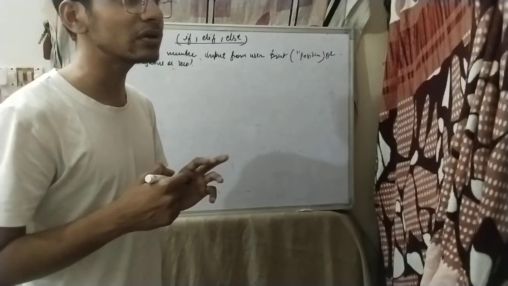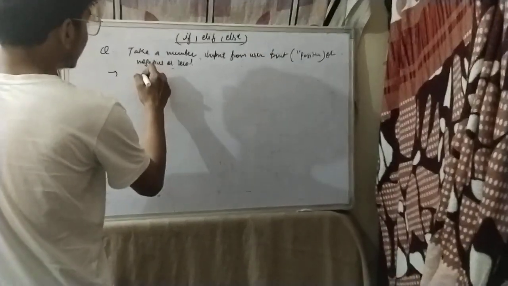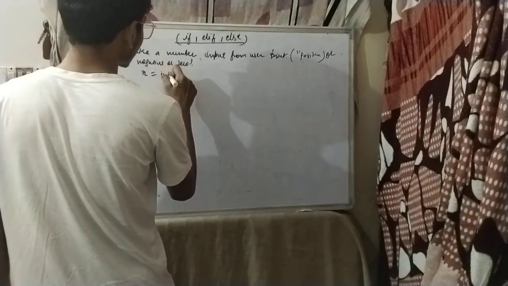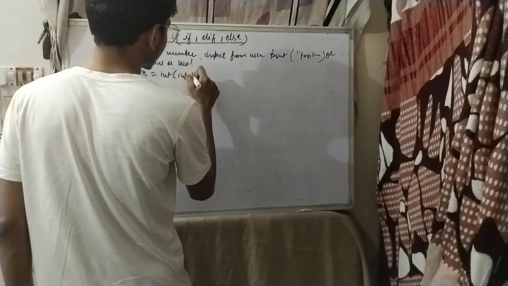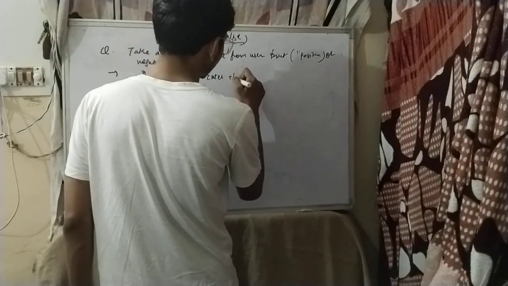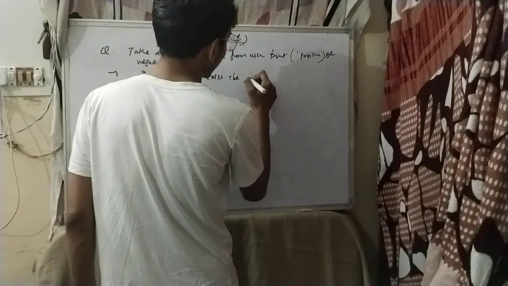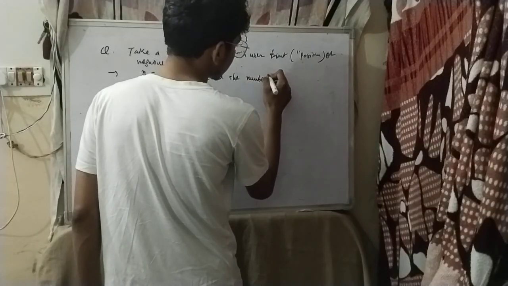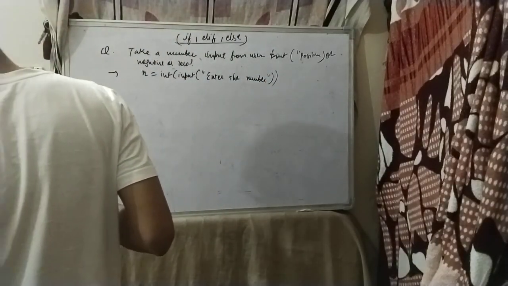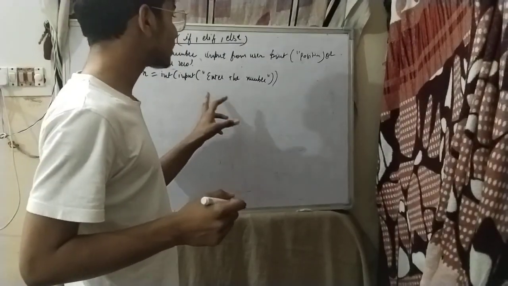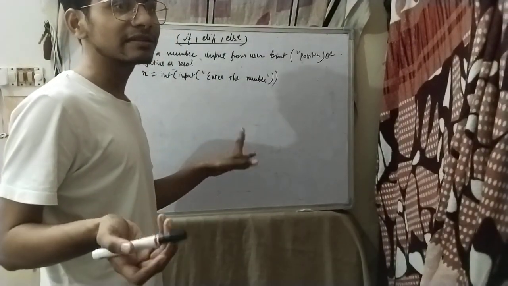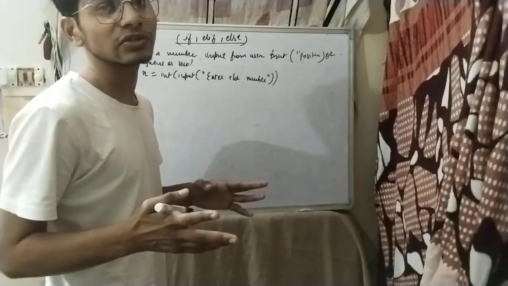For example, n equals to input, enter the number. So first of all, we are going to write enter the number. This is a very basic part which you all know about.